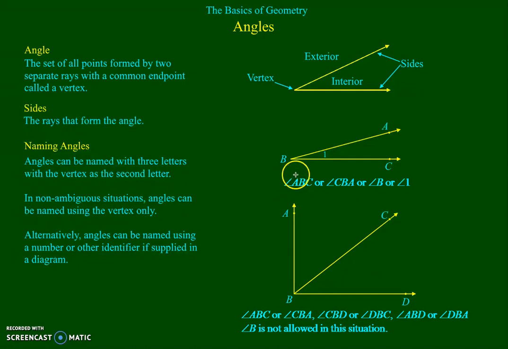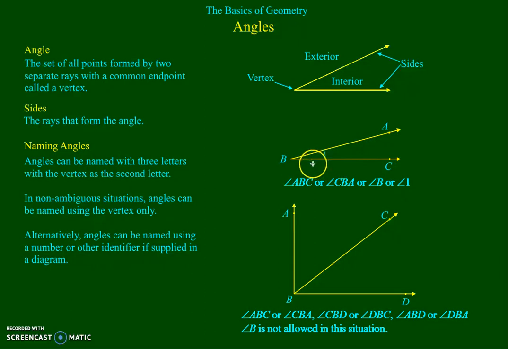Now, alternatively, there are times when you will have a number in the interior of the angle, but there won't be a degree symbol with that number. That is not indicating a measure of an angle. That's indicating an auxiliary name for that angle. So in this case, we could say this is angle 1.